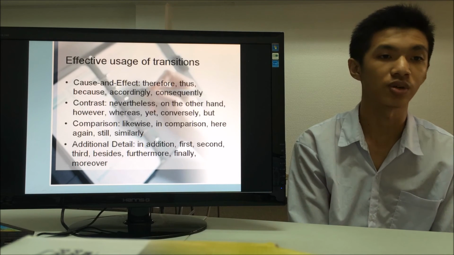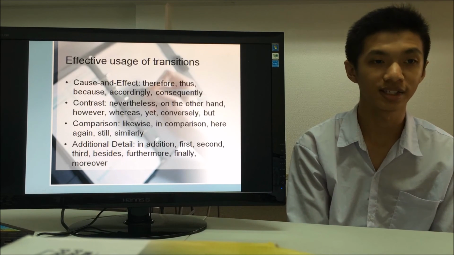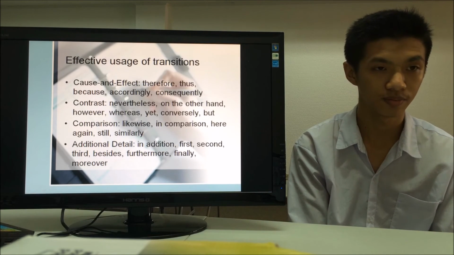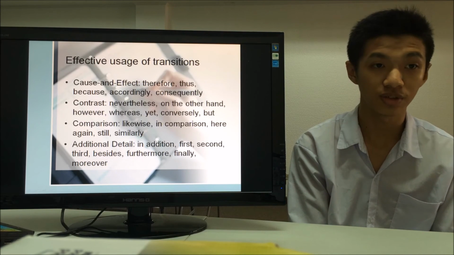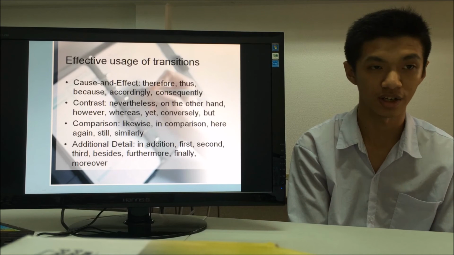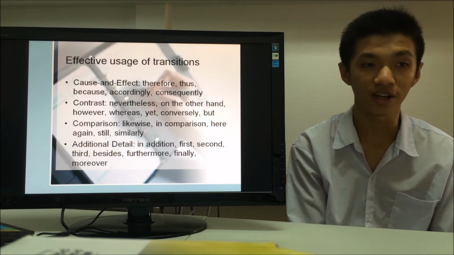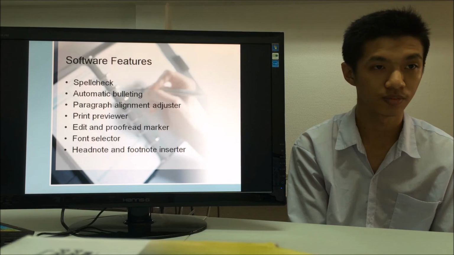For comparison, we also have likewise, in comparison, here again, still, and similarly. For additional detail, we can use in addition, first, second, third, besides, furthermore, finally, and moreover.